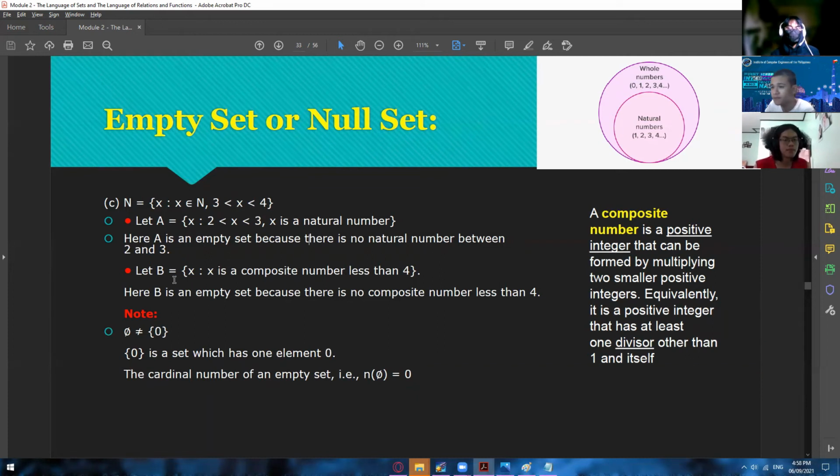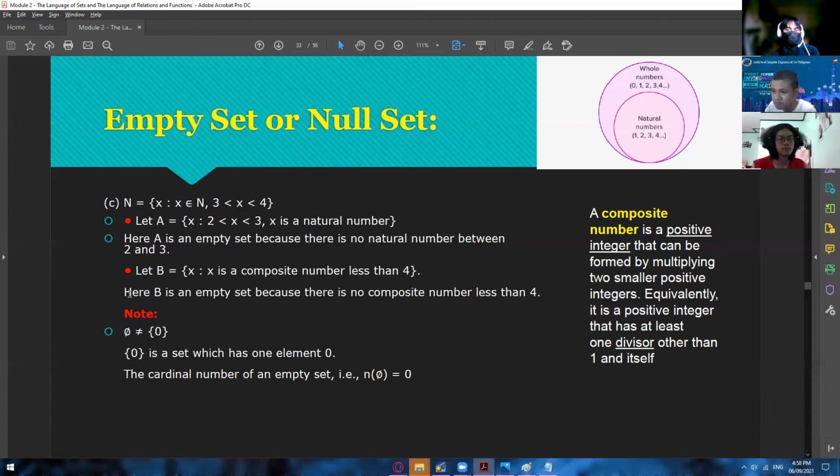And then for the letter B, let B be equal to x is a composite number less than 4. If you don't know what a composite number is, I have the definition here. A composite number is a positive integer that can be formed by multiplying two smaller positive integers. Equivalently, it is a positive integer that has at least one divisor other than 1 and itself.